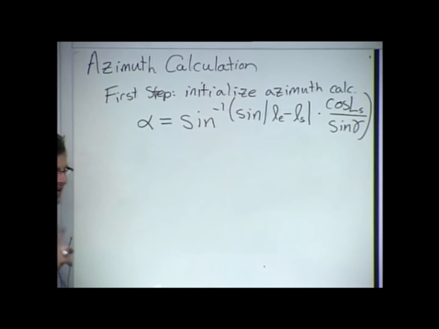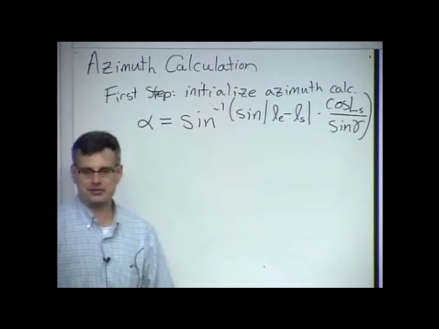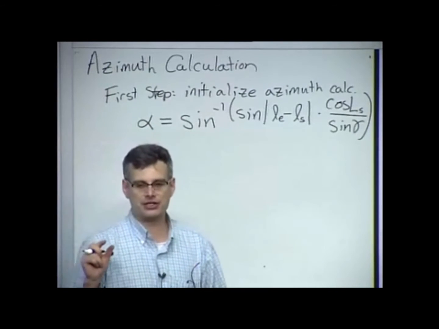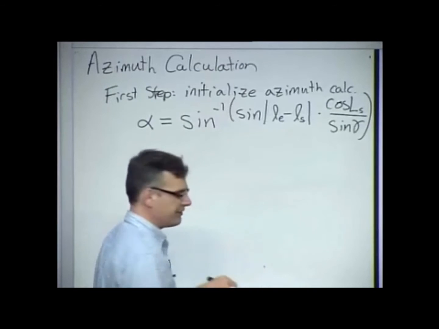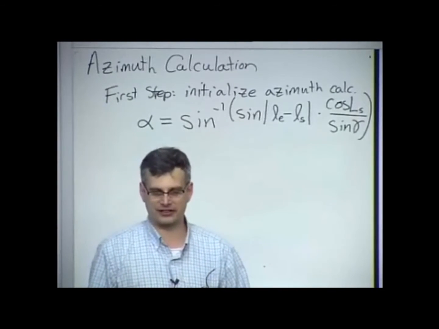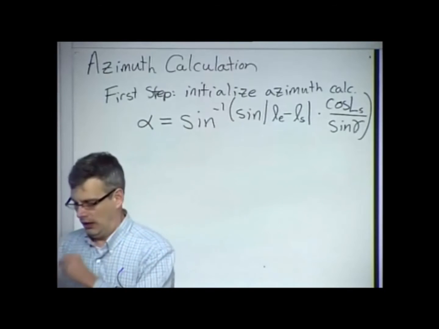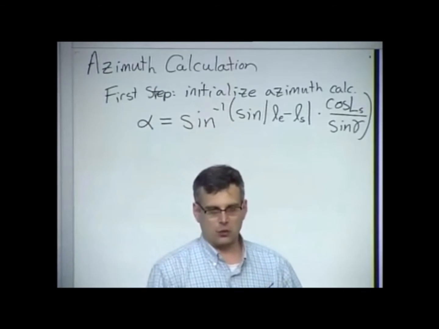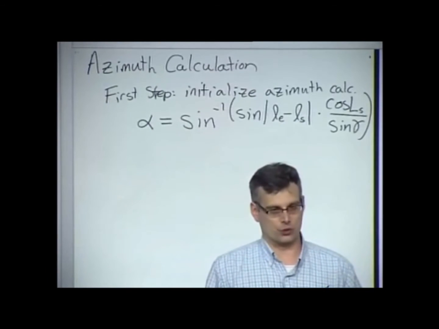And you're not done yet. This gives you a number that kind of describes alpha, but you'll need to make some adjustments because of the ambiguity in 360 degrees in trying to make this calculation. First of all, when we measure azimuth, what are we measuring?